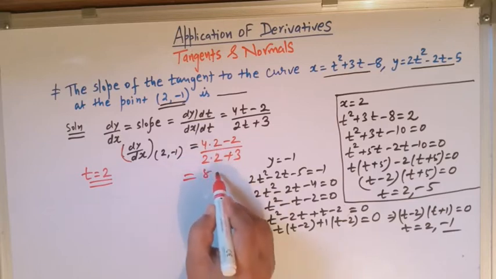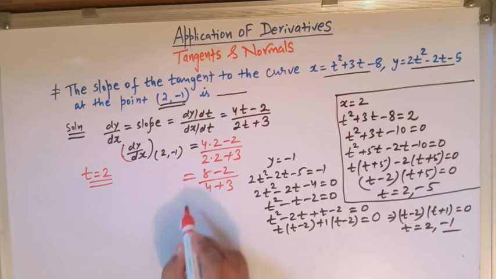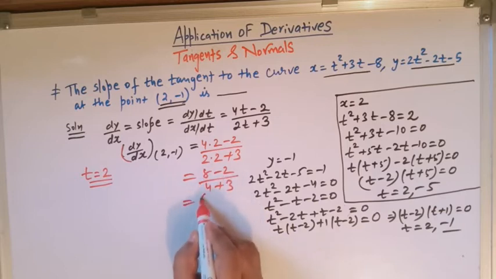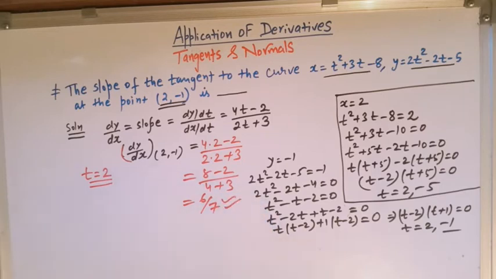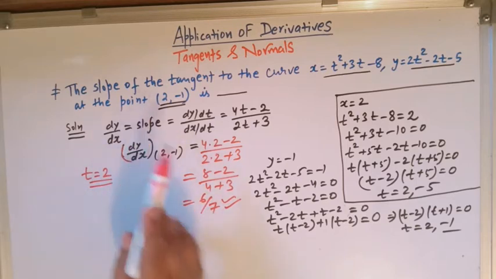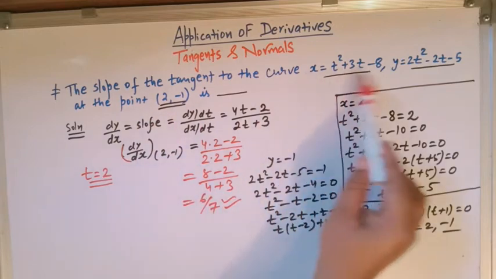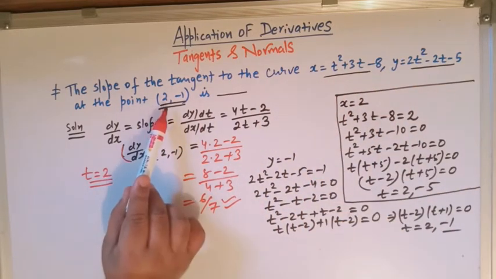So this is 4 times 2 minus 2 over 2 times 2 plus 3. So this is 8 minus 2 which is 6, and 4 plus 3 which is 7. So 6 by 7 is the required value of the slope of the tangent to this curve at this point.